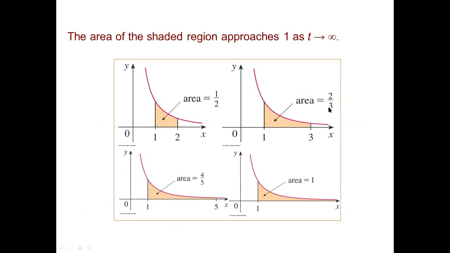If t is 3, you have 2/3, because 1/2 minus 1/3 would be 2/3. If t is 5, that would be 1 minus 1/5, so 4/5. So as t approaches infinity, this area value approaches 1. Because if t is big, this one is small.